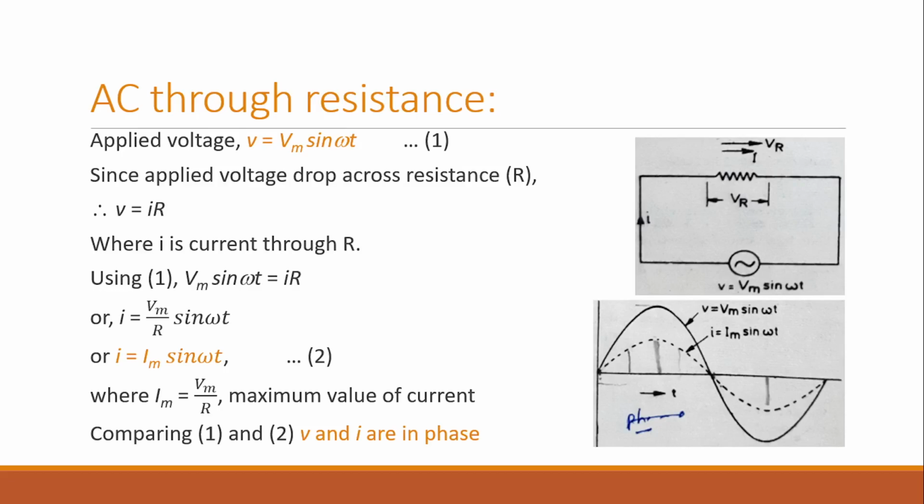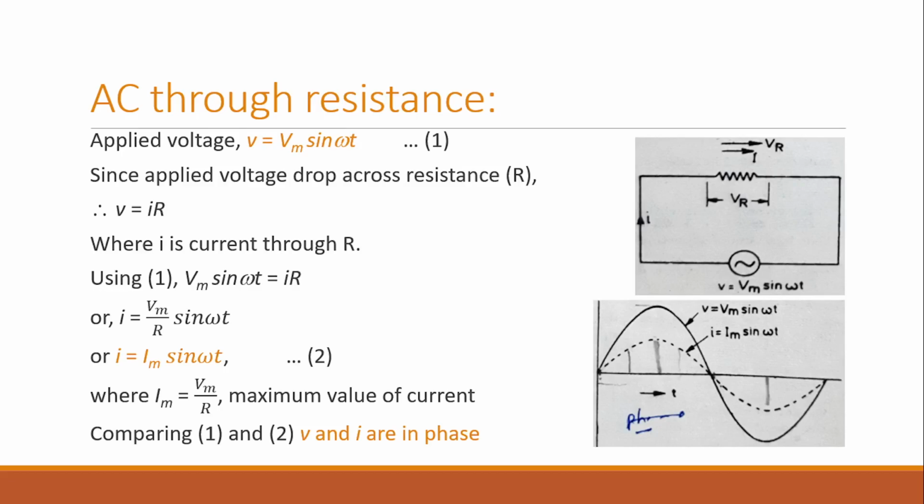If we compare equation 2, that is current Im sin omega t through the resistance, with equation 1, that is voltage of the source, that is Vm sin omega t, we will find that the phase angle is same, and that is equal to omega t.